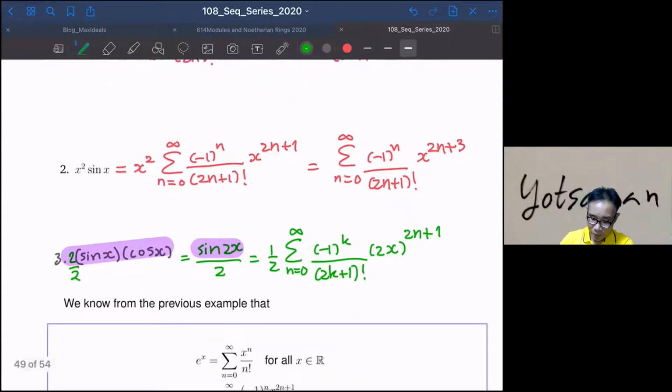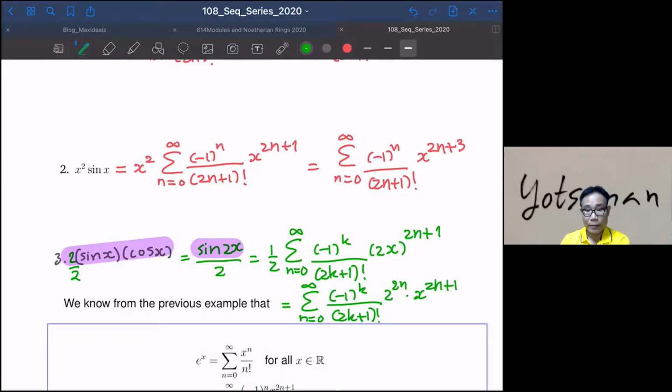You may simplify this one a little bit to be the series from 0 to infinity of negative 1 to the k over 2k plus 1 factorial, and it's going to be 2 to the 2n x to the 2n plus 1. So this one will be the Maclaurin series that you'd like to find.